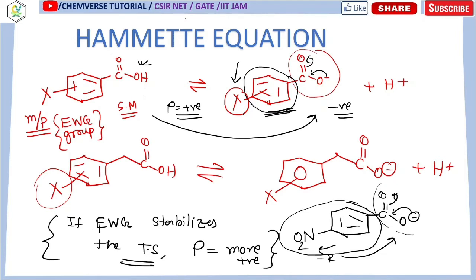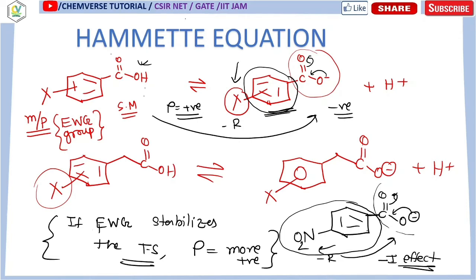So if a minus R group is present in the ring, suppose like NO2, despite that it cannot stabilize that. So over here the minus R effect is not considered; I have to consider the minus I effect. If there is a minus I effect, then it will be stabilized to some extent.